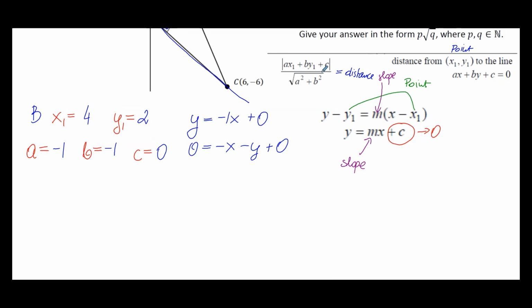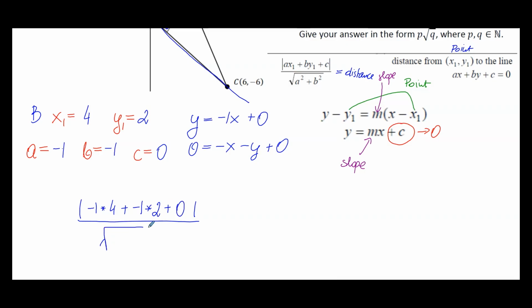Okay, so now we take that fraction line, absolute value bracket, value A, our A is -1, multiplied by the value of x1, which in our case is 4, plus the value of B, -1, again multiplied by the y value, which in our case is 2, plus the value of C, that is 0.